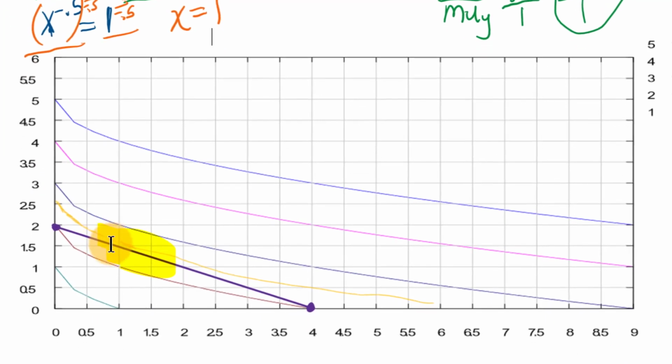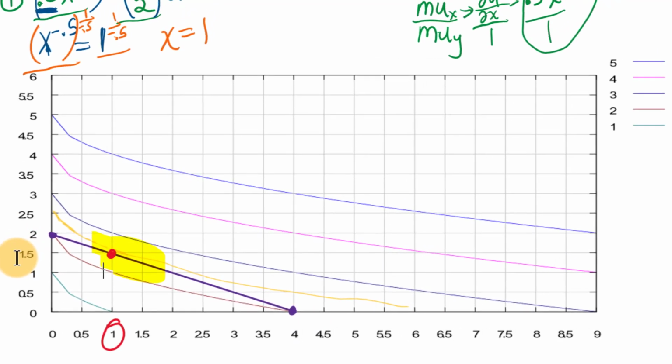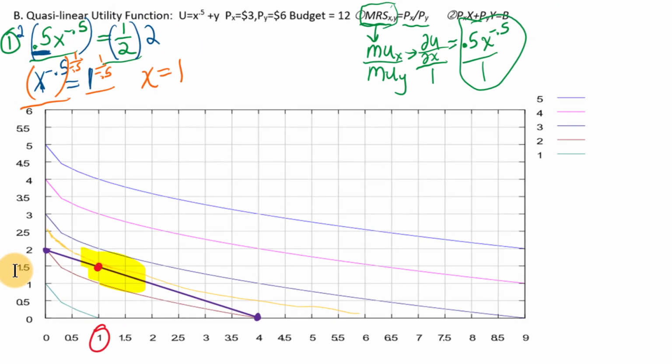Now let's see if that makes sense with what we said in our graph. Yeah, it does, right? 1 X, that's in this region that we were thinking about. And therefore, on the Y, we should be getting about 1.5, right? Now, in order to figure that out, we're going to have to use the second equation, though.